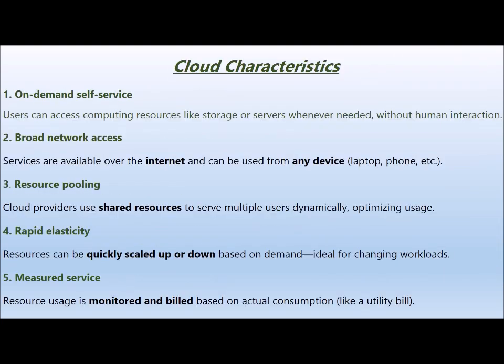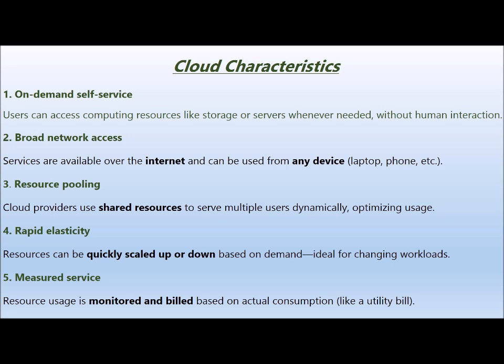So the main cloud characteristics are on-demand self-service. Users can access computing resources like storage and servers whenever needed without human interaction. And the second one is broad network access. Services are available over the internet and can be used from any device. And resource pooling is nothing but shared resources are used to serve multiple users dynamically, optimizing usage.